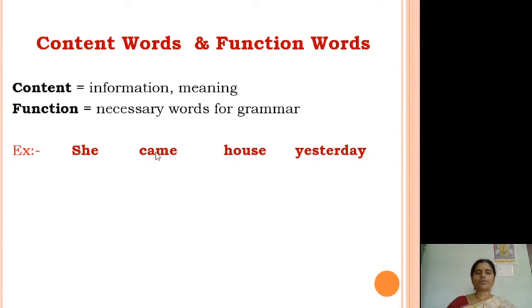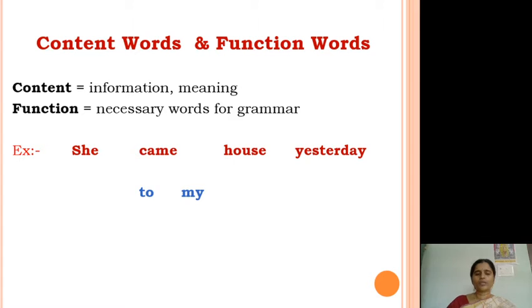And now we are going to add a few more words to make these words a complete sentence. For example, I have taken two words here, to and my. Of course, they have little meaning, but they won't give you a complete meaning or complete sense if they are used individually.